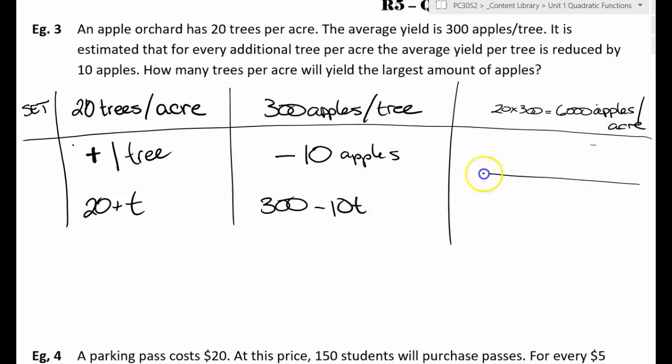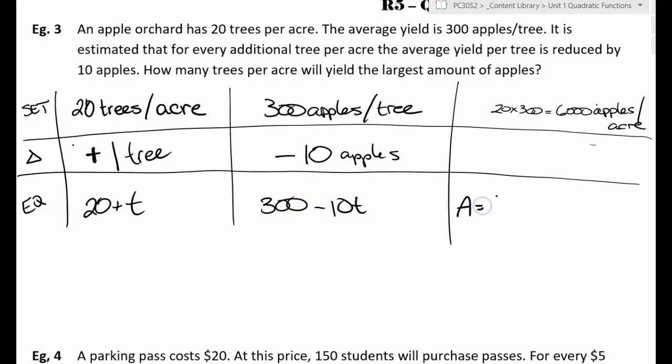So that's kind of how we can set this up, by a table. We can talk about how it changes, and so then we can create an equation. So in order to figure out the number of apples per acre, we would have to take these two pieces.